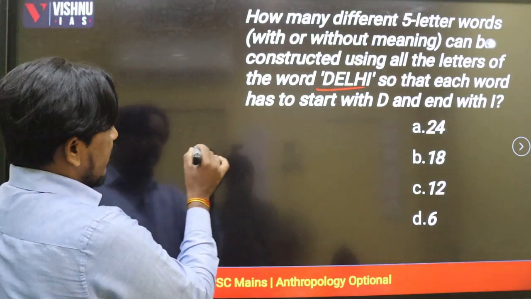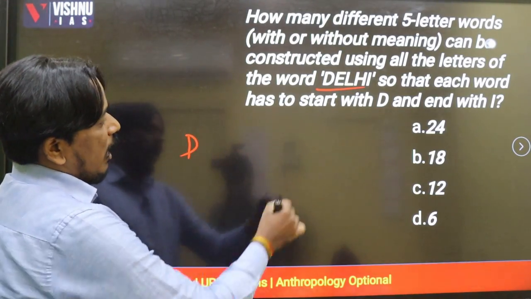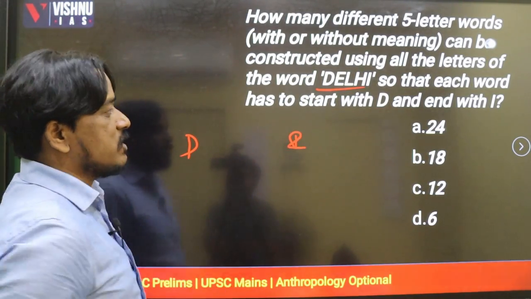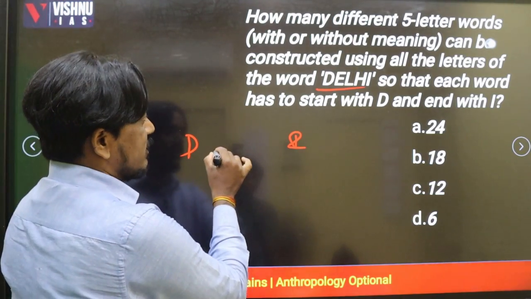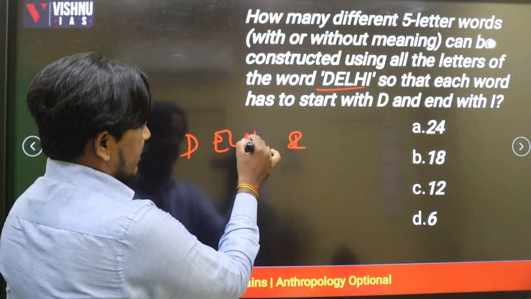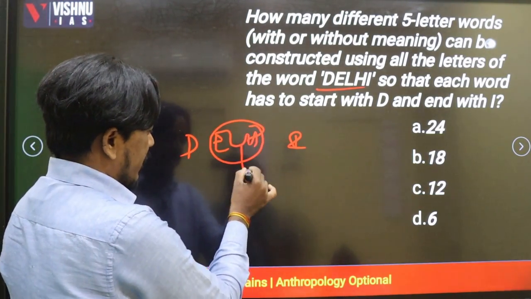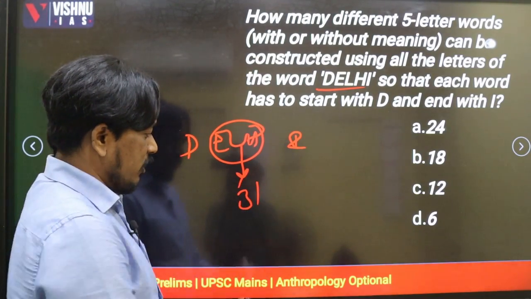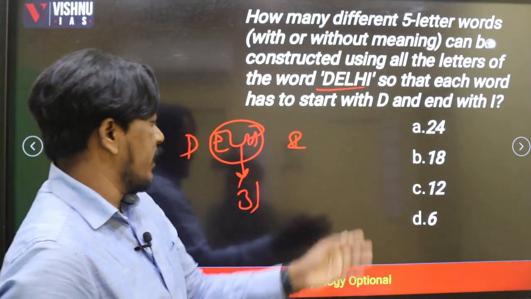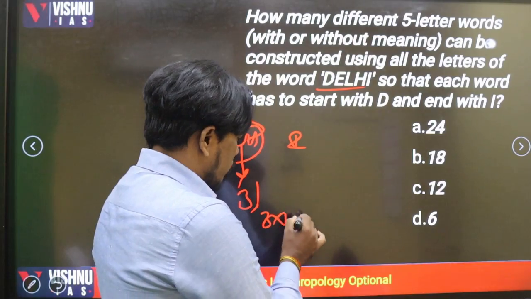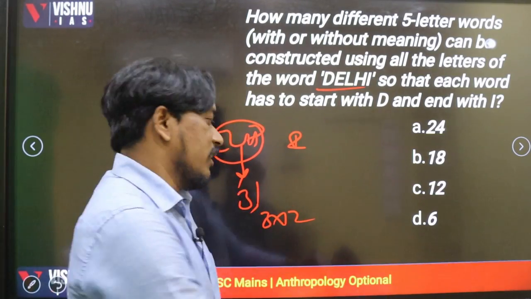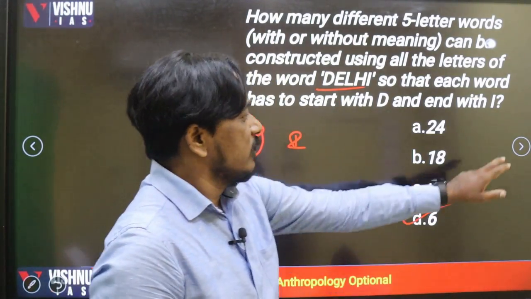That means in Delhi, D and I should stay in the same place. We just have to rearrange the middle letters E, L, H. There are 3 letters, so we can take 3 factorial, that is 3 into 2. 6 is the direct answer for this question.